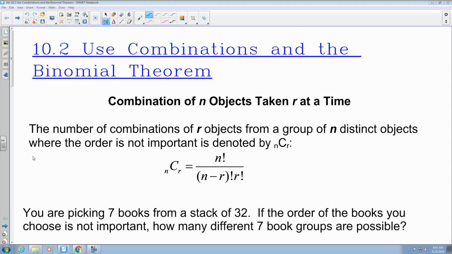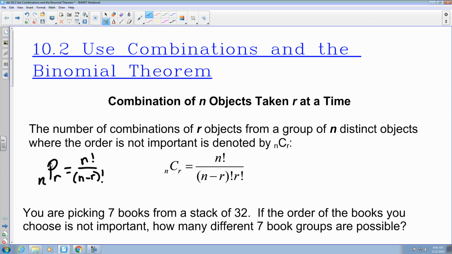Basically, when you are dealing with either a permutation or a combination, you are trying to figure out which formula you need to use. So when we looked at permutations the other day, that equation was n factorial divided by n minus r factorial.